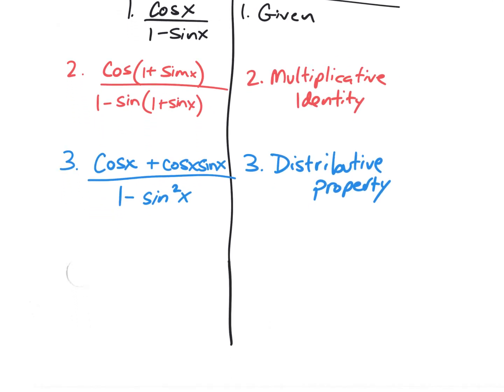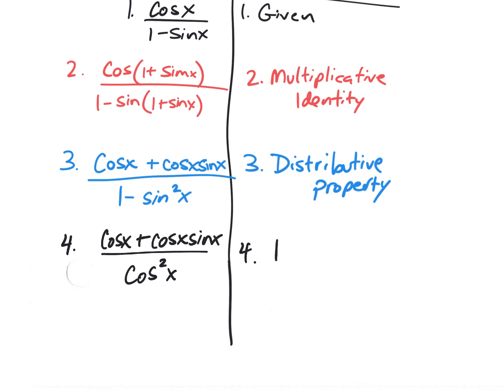All right, we're getting somewhere now. My next step would be to convert that denominator. Through our Pythagorean identity, we know that 1 minus sine squared x is really the same as cosine squared x. And then I'm going to keep my numerator as is. The way we justify this is through our Pythagorean identity.